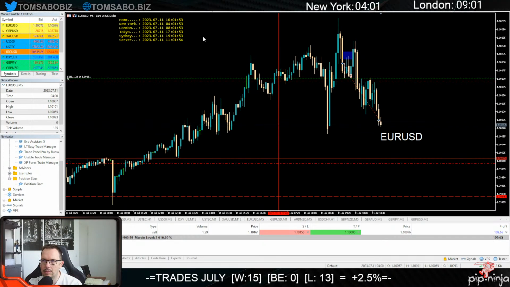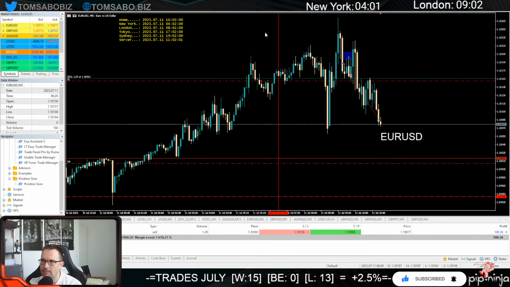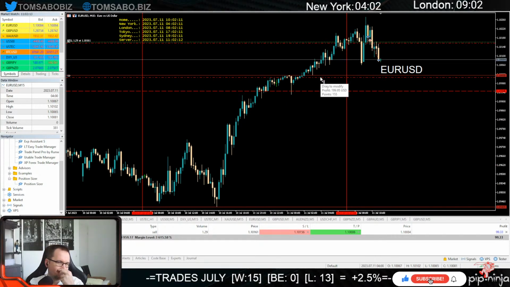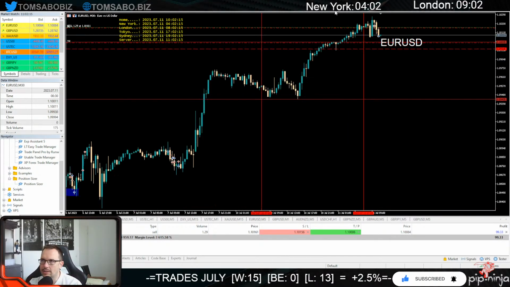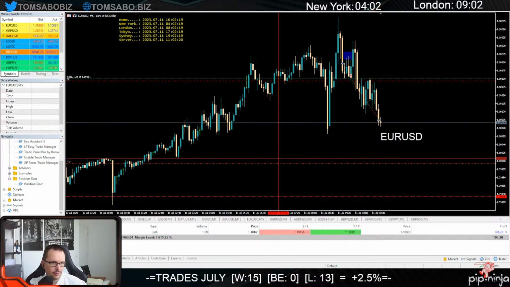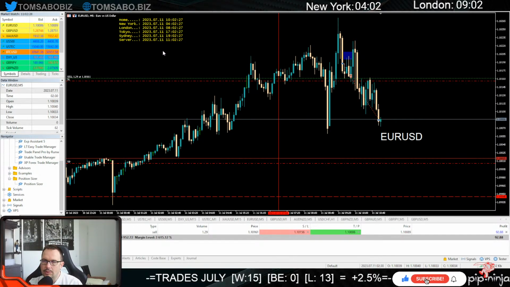Let's see. This has to be considered a silver bullet trade because it was made during that time. The thing is, I'm having a little bit of trouble considering where the sell side should be. It could be here. We'll see, I guess. But at least it's a winner.